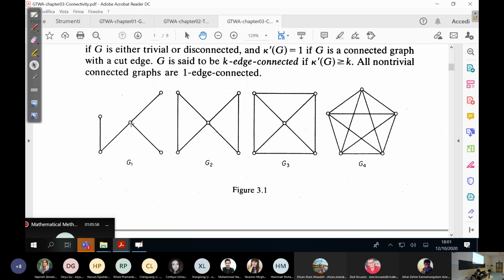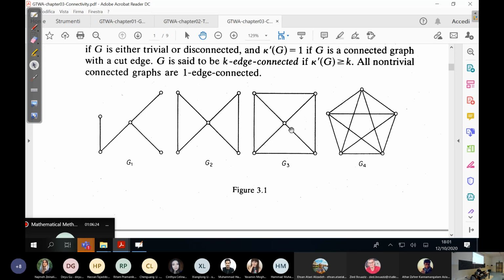Here, of course, delete any vertex of these two, and you disconnect the graph. Okay, so this by itself is a vertex cut. This by itself is a vertex cut. Here, again, we have a vertex cut, which is given by this cut vertex, okay?